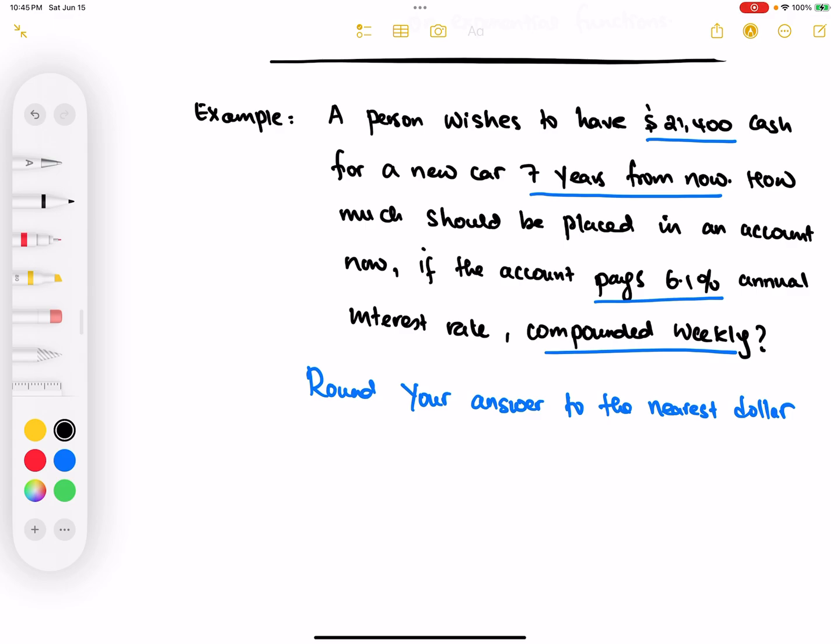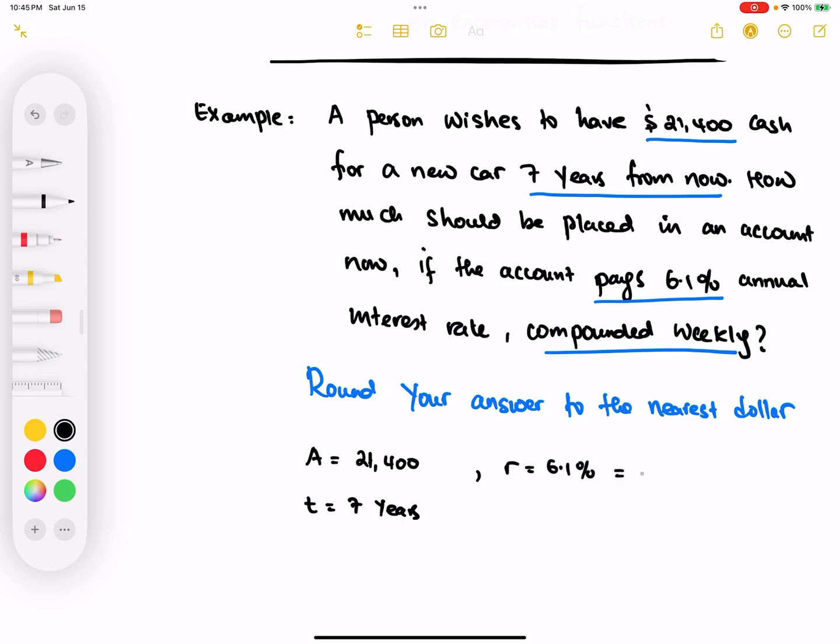A person wishes to have $21,400 tells you that the future value is $21,400 and the time is 7 years, and the other given is here. The rate is given, it is 6.1%.